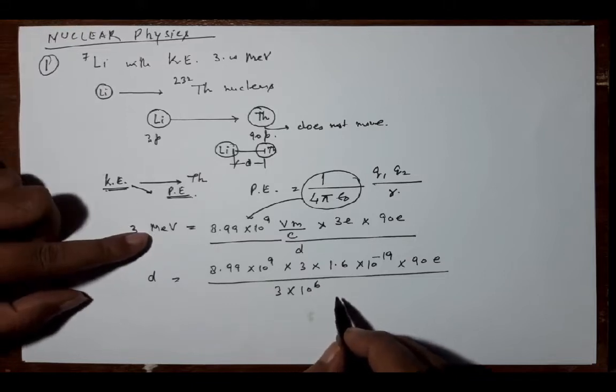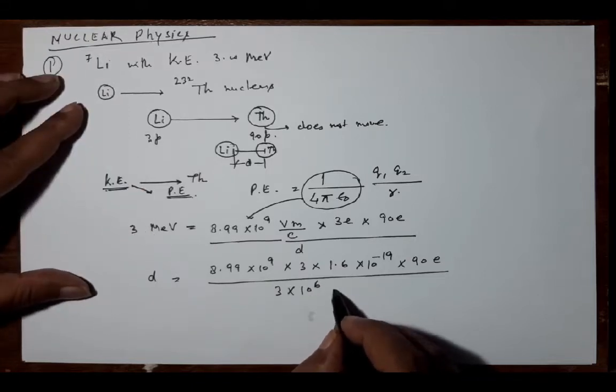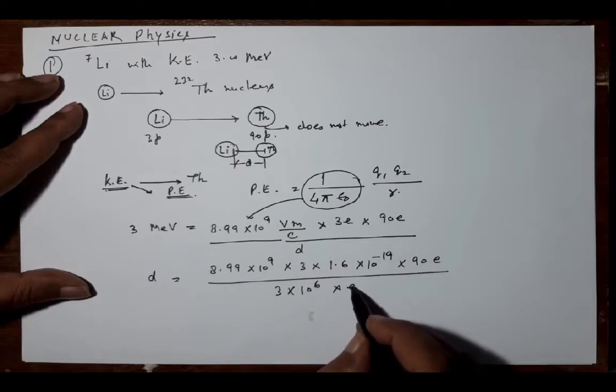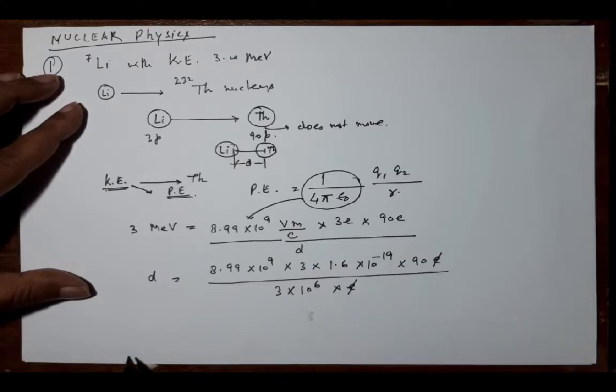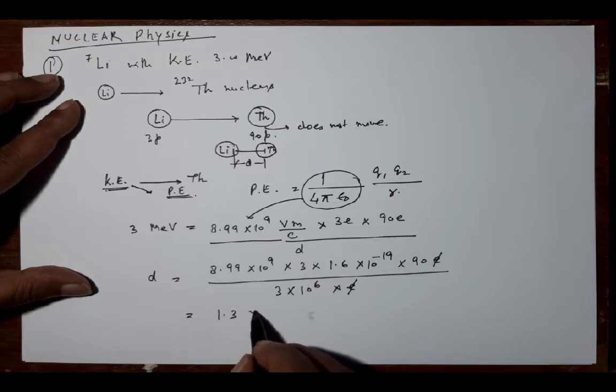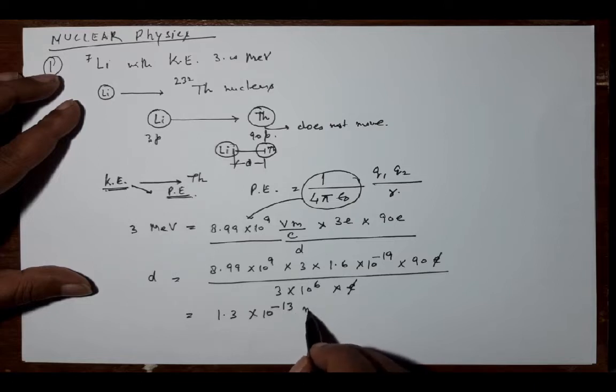This mega has gone. Then e cancels out, and this gives you 1.3 into 10 raised to minus 13 meter.